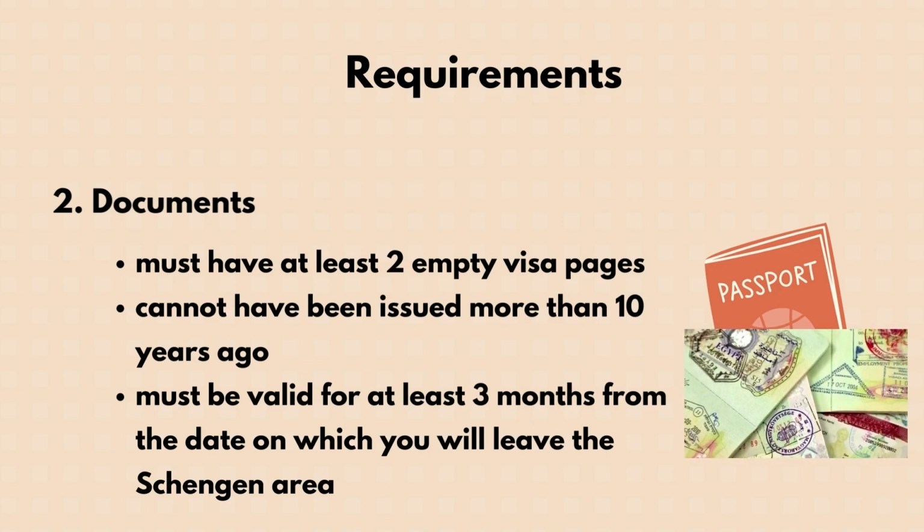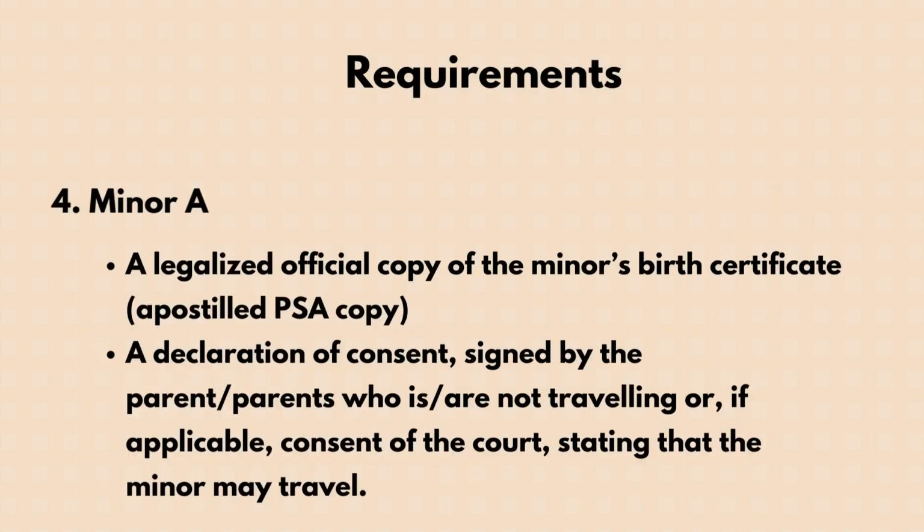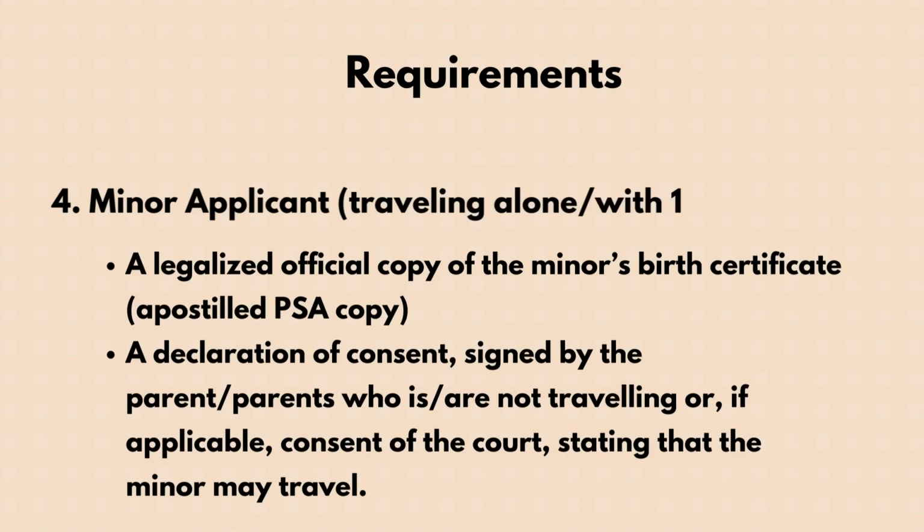Requirement number 3, your photo. The photo must meet the Dutch requirements, and the photo must have been taken within the last 6 months. Requirement number 4, for the minor applicant. If you will be traveling with your child, then you must secure the following. First, a legalized official copy of the minor's birth certificate. For Filipinos, it must be the apostilled PSA copy.